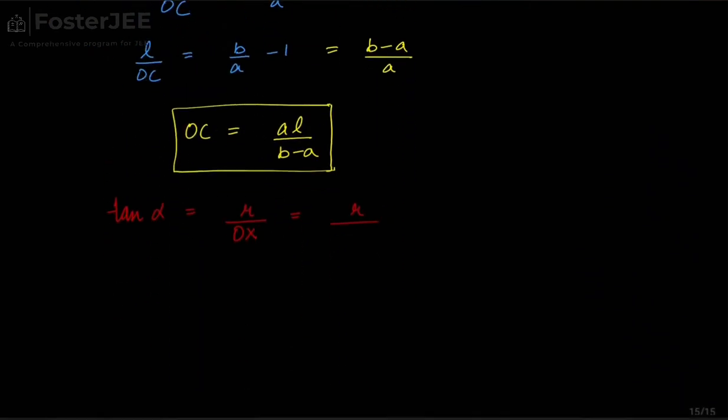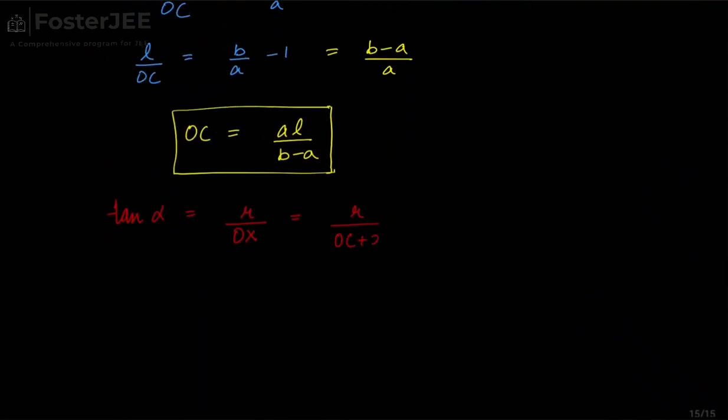So it is OC plus X, and now we have calculated OC. So this becomes R upon AL upon B minus A plus X. Now this equation can be rewritten as AL upon B minus A plus X equals R cot alpha.